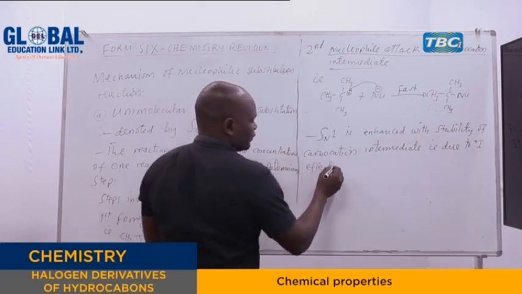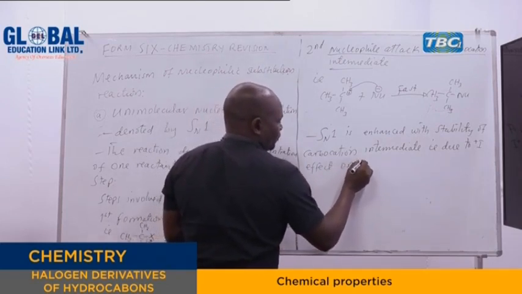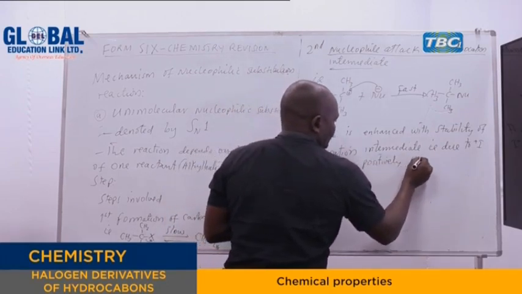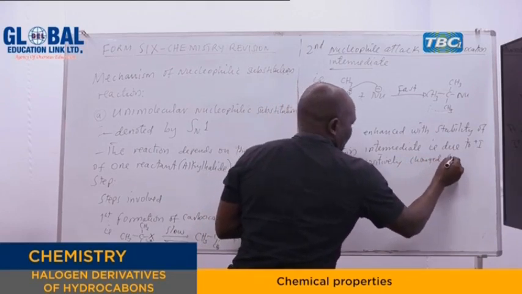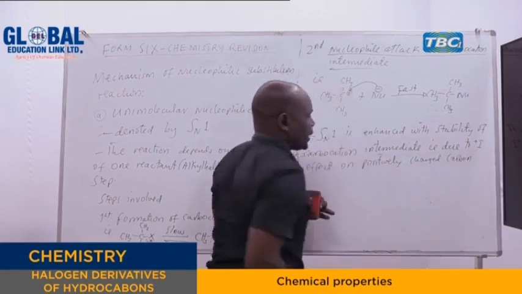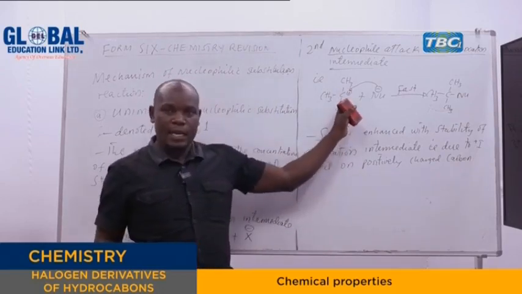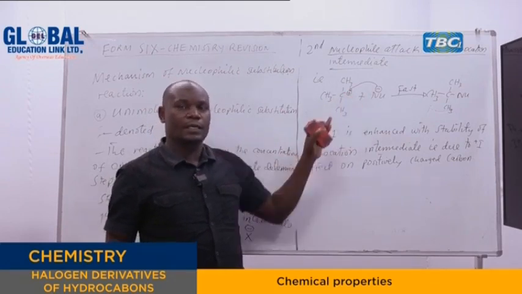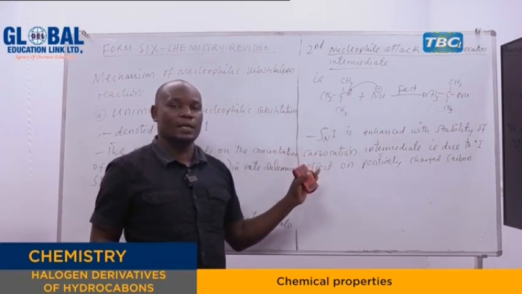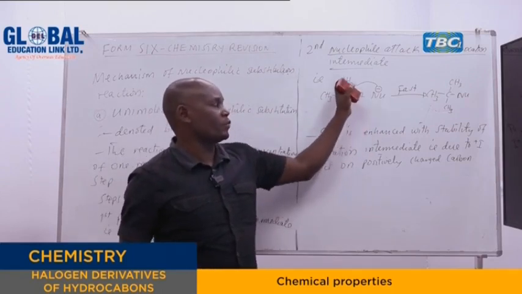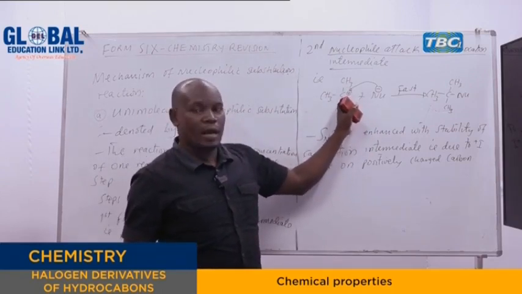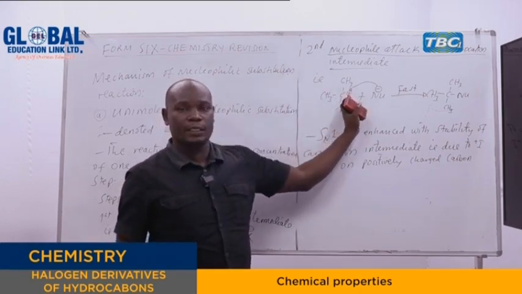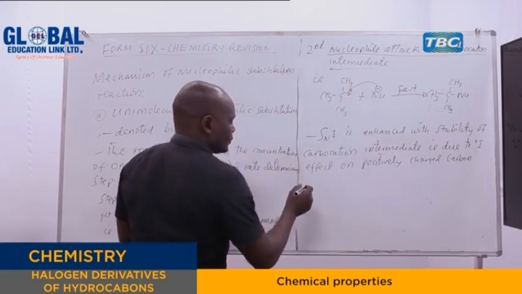So due to the positive inductive effect on the positively charged carbon, the tertiary alkyl halides will react faster in this kind of reaction than the secondary and the primary alkyl halides, due to the stability of the positively charged carbonium ion, whereby the alkyl group releases electrons, thereby stabilizing the positively charged carbon.